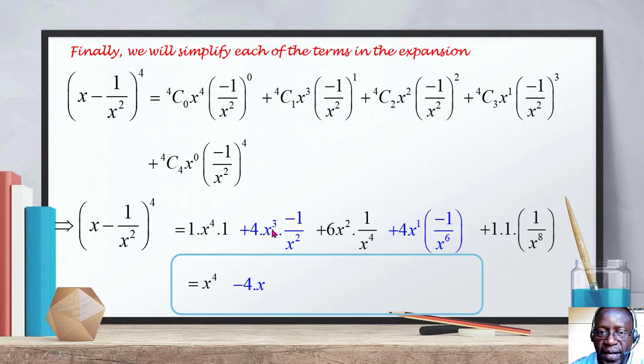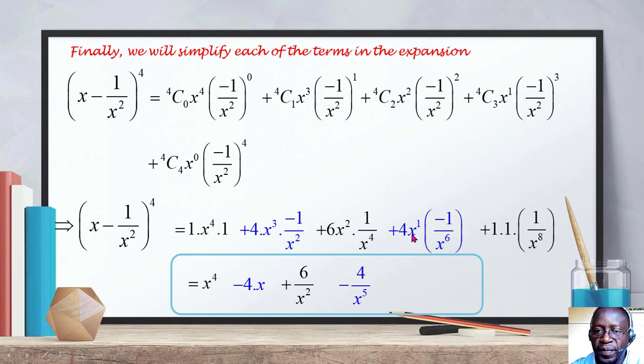And then x to the power 3 will cancel out with x to the power 2, leaving us with only 1x. The third term, that multiplied by that one will give us 6. And then x squared divided by x to the power 4, 2 of the x's will cancel out, leaving us with x squared. The fourth term, negative multiplied by positive is negative.